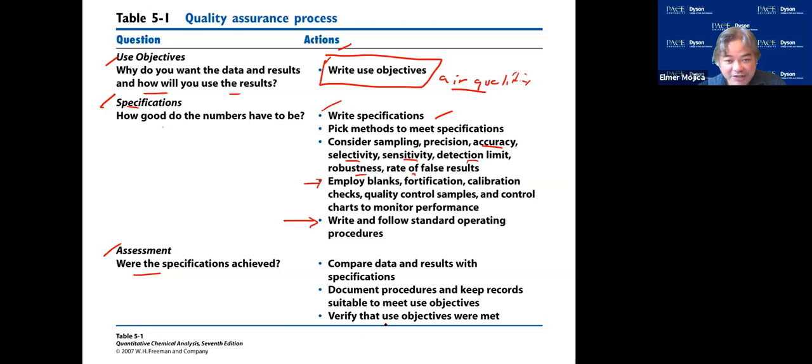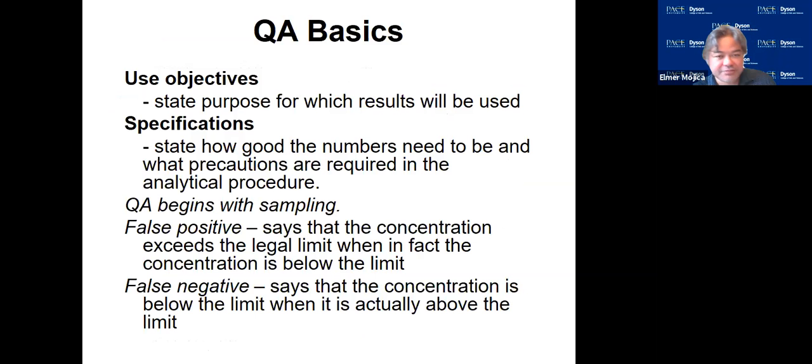And you verify now if the objectives have been met. Usually here in the assessment, you're trying to see what your result is. Did it meet what you wanted to have in the first place?